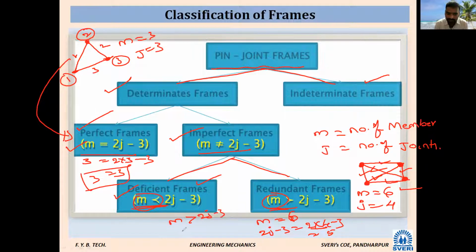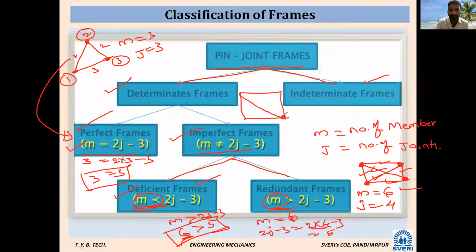Yes, sir. So it is redundant. Redundant means an extra member. How many extra? One member is excess. That's why it is called a redundant frame. If you take one more like this, it is again redundant. How many members are there?